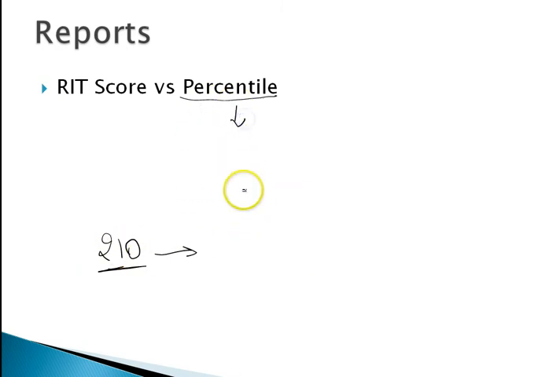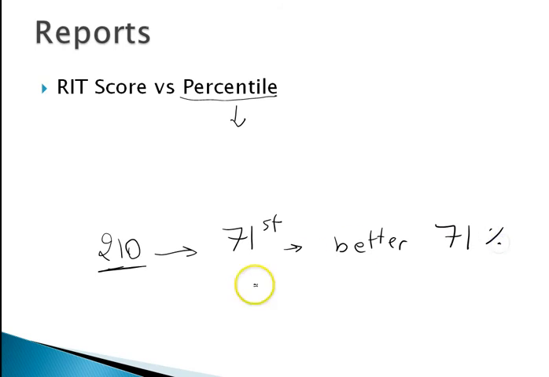It will be compared to all the results of those students, and this student will be given a percentile. For example, if this student got the 71st percentile, this means that this student is better than 71% of all students that took the same test at the same time, especially in the United States. Now the percentiles differ from one grade to another.